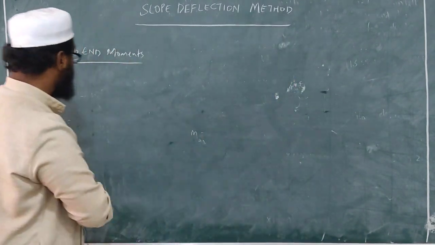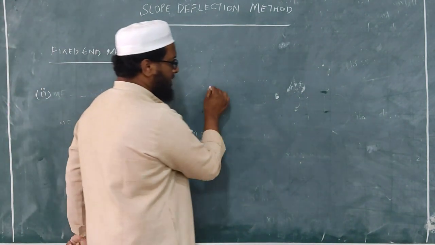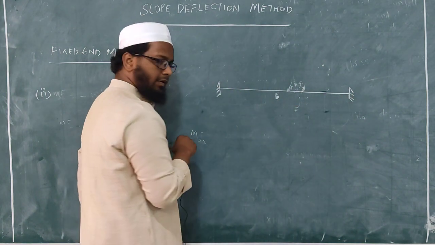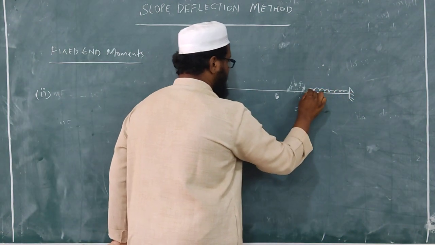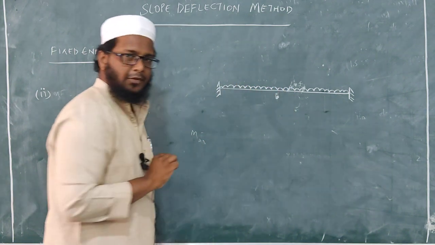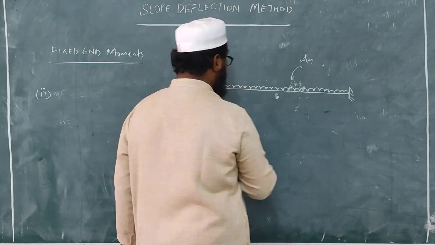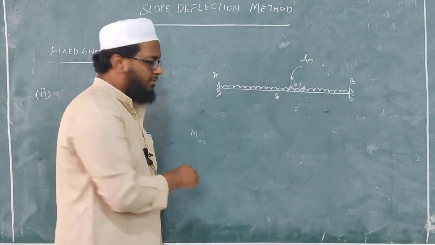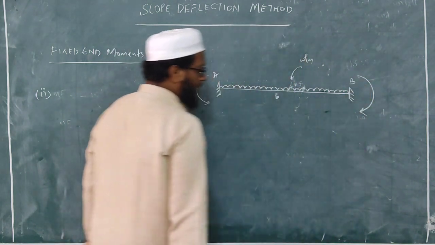The second case is, suppose I have a fixed beam having a UDL over the entire span of the beam, that is W per meter, this is A and this is B. Again my fixed beam will try to create an anti-clockwise moment at this point and a clockwise moment at this point.